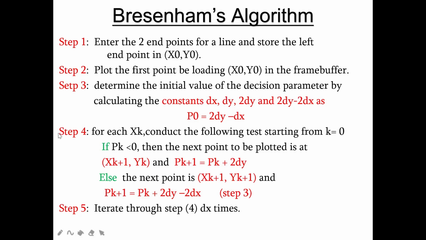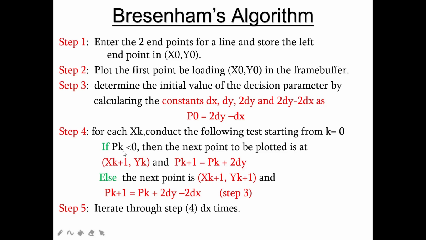In the next step, for each xk value, we start the process with k equals 0. If I take the first starting point k equals 0, then if pk is less than 0, how are you going to plot? This is the formula. You have to remember this.